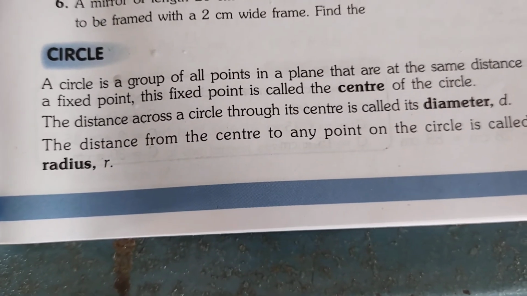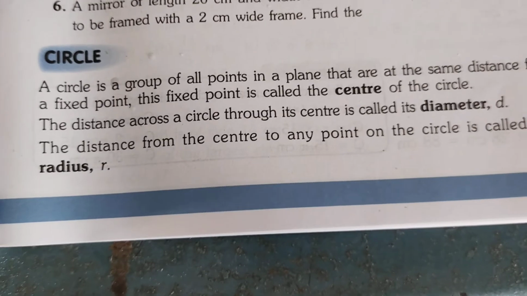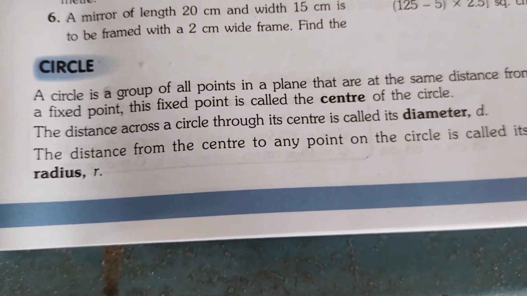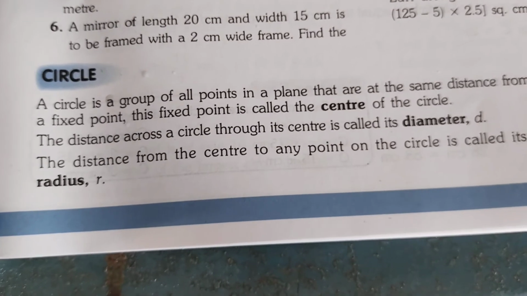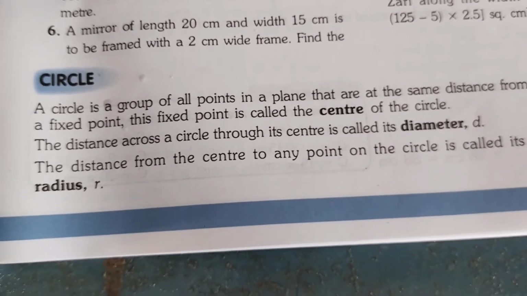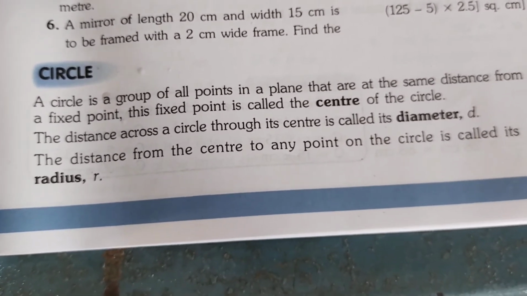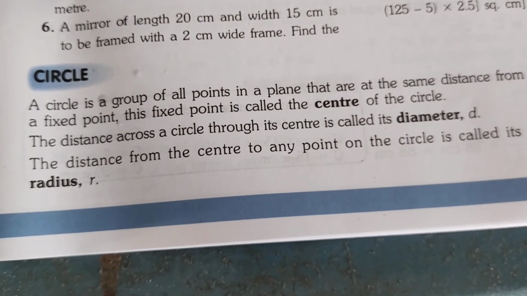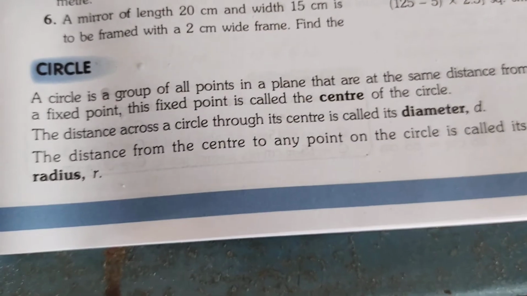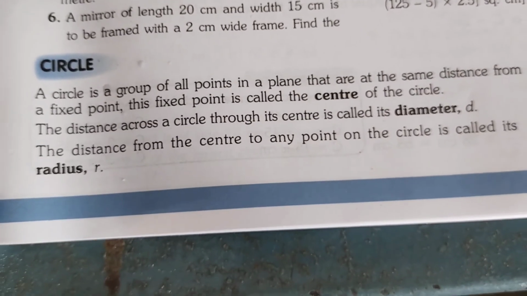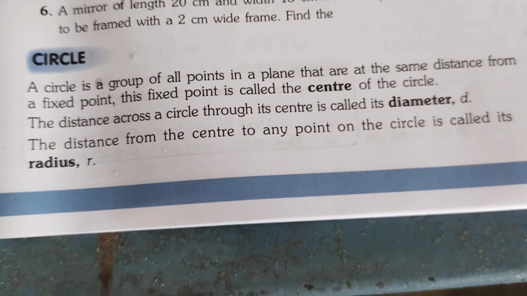The fixed point is called the center of the circle. The distance across a circle through its center is called diameter, and it is denoted by d. The distance from the center to any point on the circle is called its radius, and it is denoted by r.